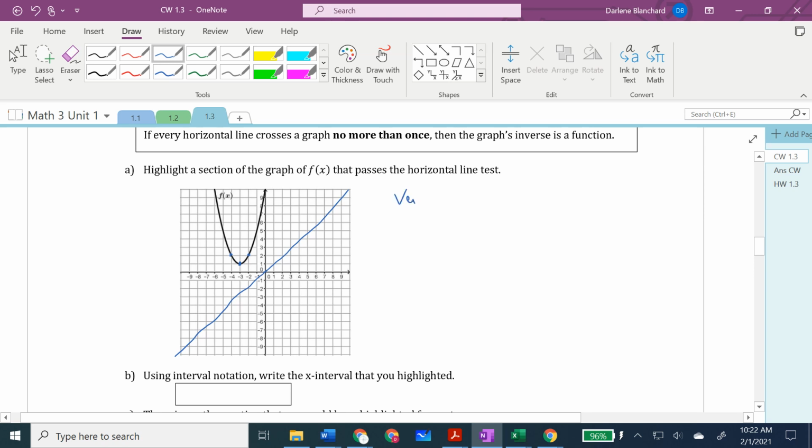The vertex, again, I'm still not doing the official classwork problem. The vertex has coordinates (-3, 1). The inverse graph will have a vertex at (1, -3).